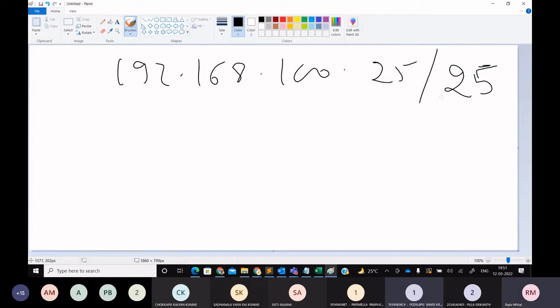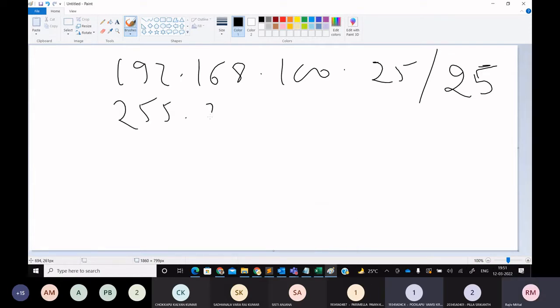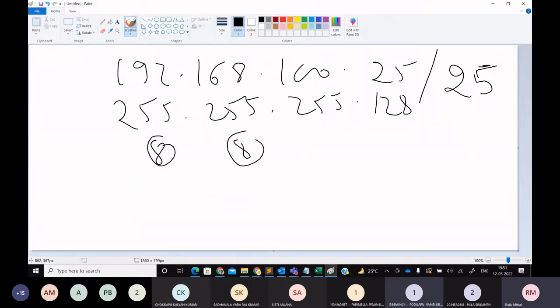So how will I write it in decimal subnet mask? 255.255.255.128. Very good. Why? Because 8 bits I have used here, 8 bits here, 8 bits here.